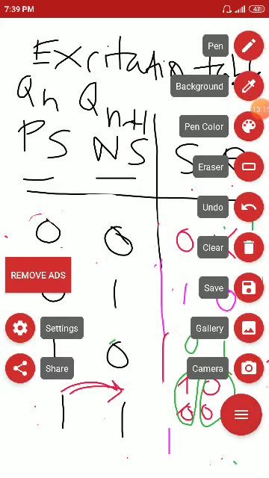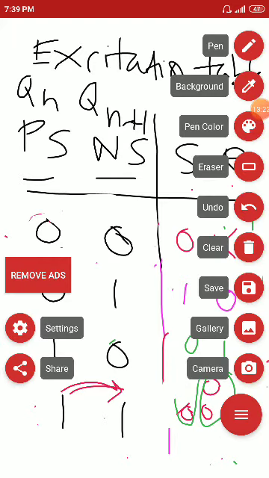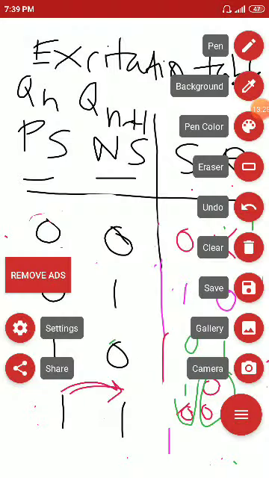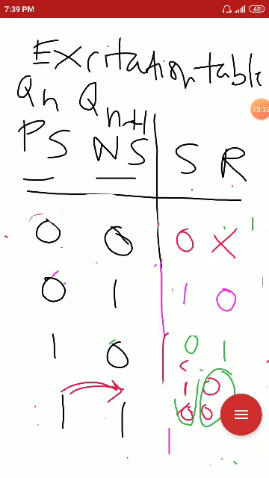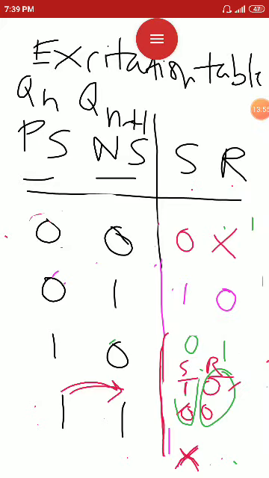So we can write S as don't care, since S can take either 1 or 0, but R will always be 0. So instead of don't care for R we can write 0.